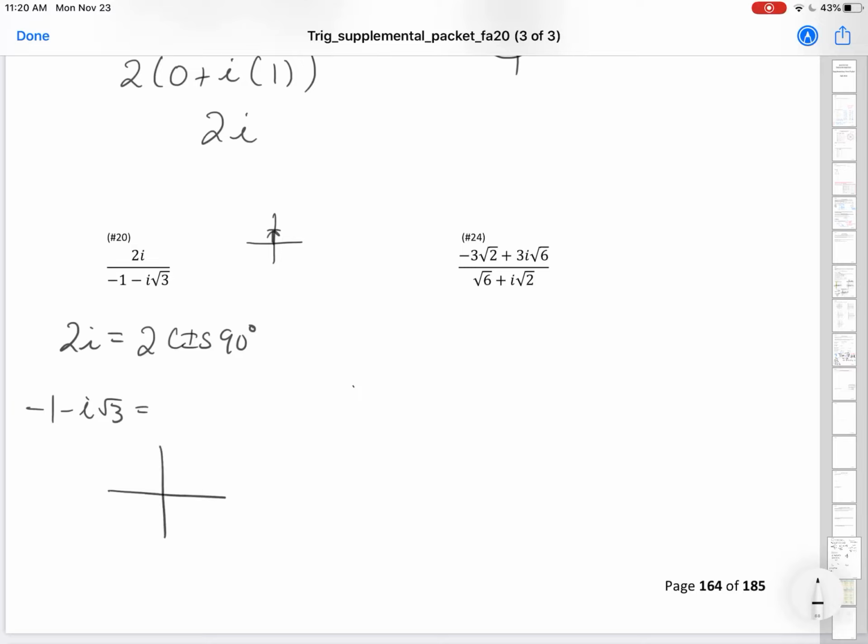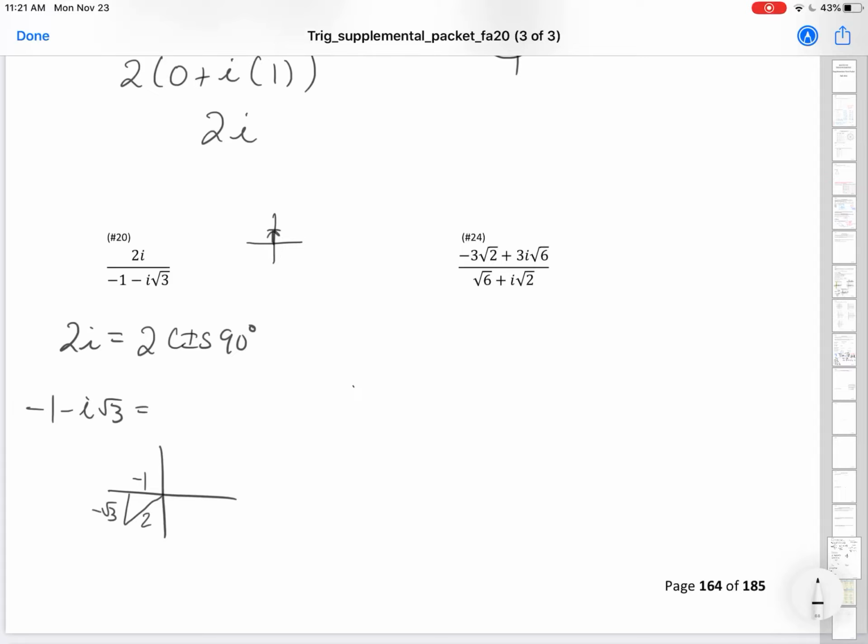And so where is negative 1 minus i root 3? It's important for us to know that. Well, it's right down here, where we're going. So this is negative 1 to the left and negative root 3 down. And so what angle is that? Well, I got to think about that. It's past 180 degrees. And what would have this relationship right here, where we would have the 2 here?